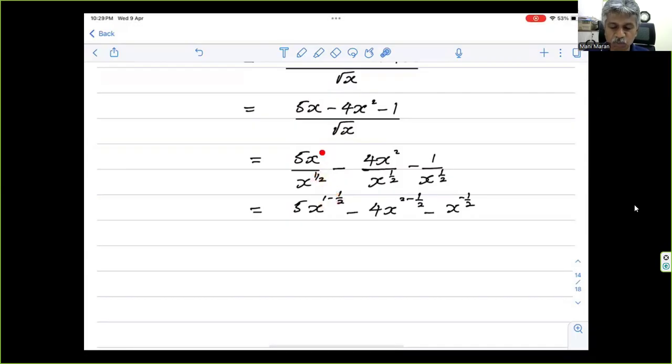This x already has 1 there, so 1 minus half. Here this is 2, 2 minus half, and so on. So when you simplify this, you'll get 5x power of half minus 4x power 2 times 2, 4 minus 1, 3. Yeah? So you'll get 3 over 2, minus x power negative half.